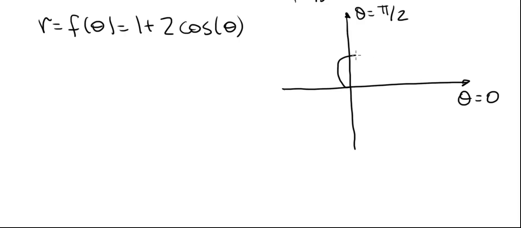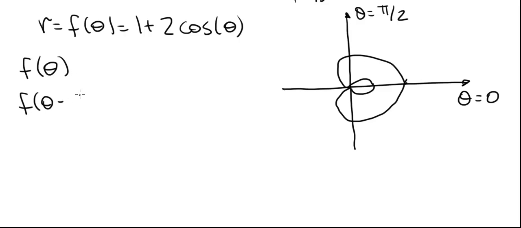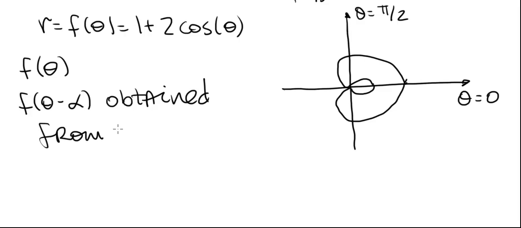Now, one of the other rules of graphing polar equations: if we know the graph of f of theta, then the graph of f of theta minus alpha is obtained from the graph of f of theta by rotating the graph of f of theta in the counterclockwise direction by alpha radians.